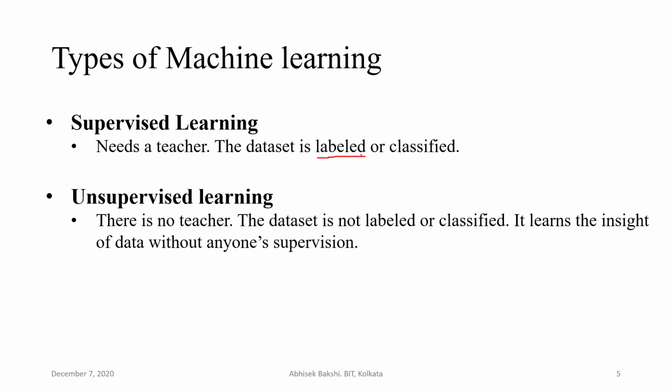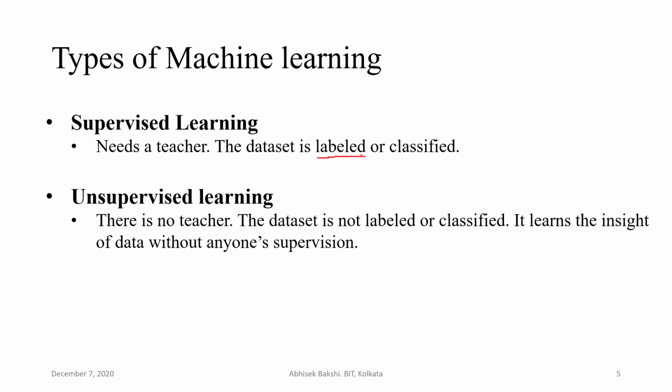And this is what we call unsupervised learning. That is why it is given that there is no teacher. I am not telling you that this type of person is American and that type of person is African. You are somehow realizing by yourself that these two persons are not from the same region.